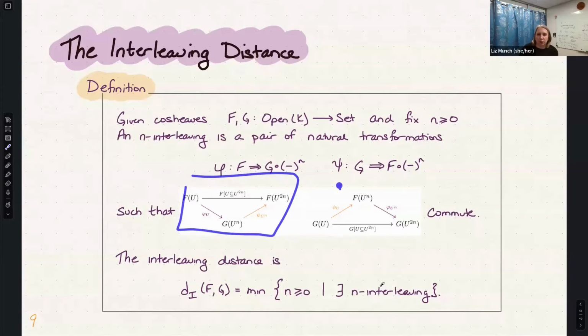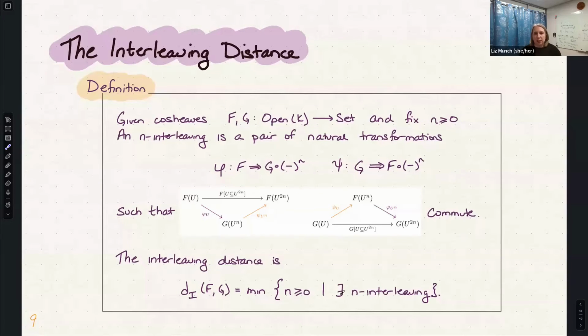and I need to make sure that these triangles commute. These triangles are essentially making sure that I would like these things to commute with each other, in as much as that makes sense. In particular, if you set n equal to 0, this is me telling you that they need to be naturally isomorphic, and greater than 0 is essentially giving me flexibility to find these maps. So my interleaving happens when I fix some n and find a pair of these things.